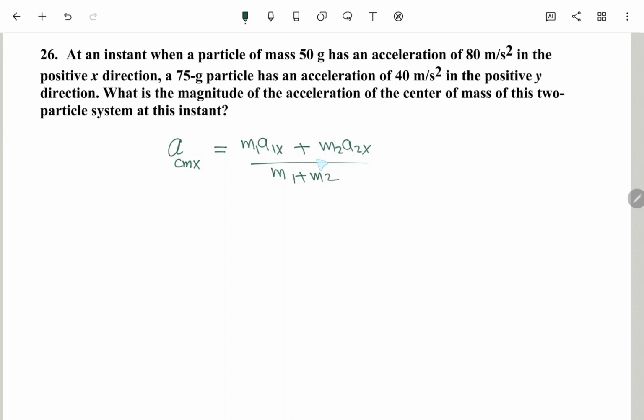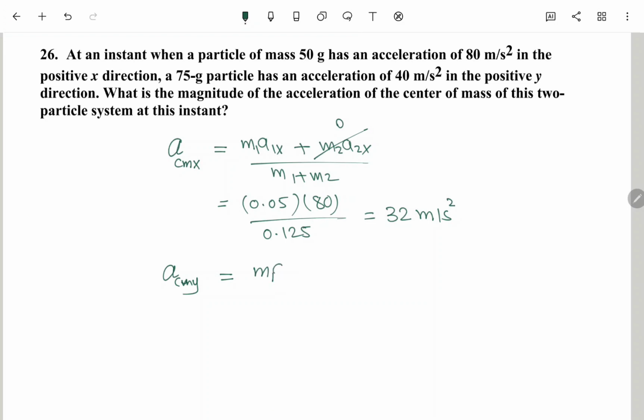Now, the second particle has no x component, which is 0, so 0.05 times 80 divided by 0.125, or 32 meters per second squared. Now, A y center of mass equal to m1 a1y plus m2 a2y divided by m1 plus m2.